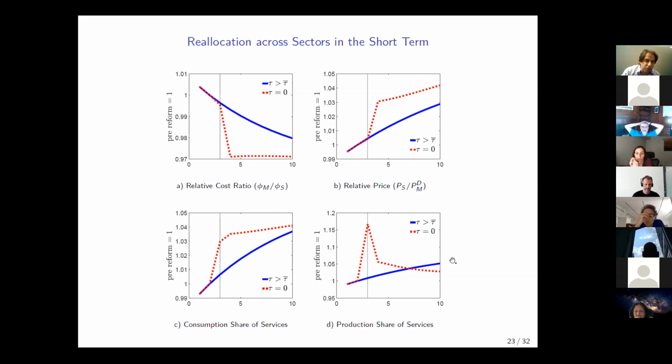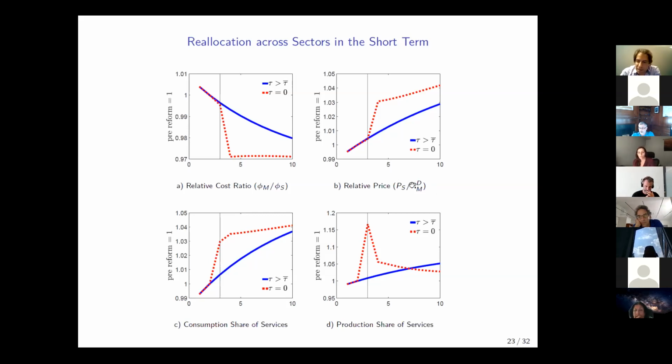And this is where the trade starts kicking in. So on impact, the liberalization increases the demand and has a huge impact on the price of services. As you know, this is going to determine the exchange rate, and the exchange rate is going to move against exporters. So the worst period possible for exporters is the period of the financial liberalization.